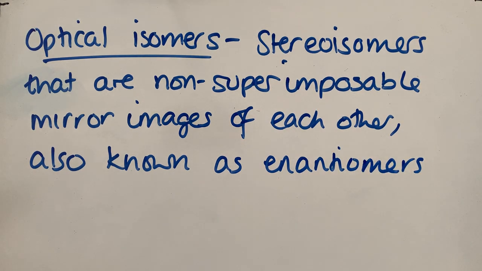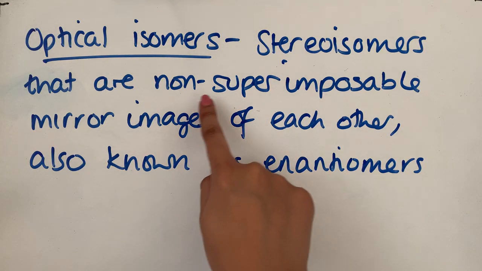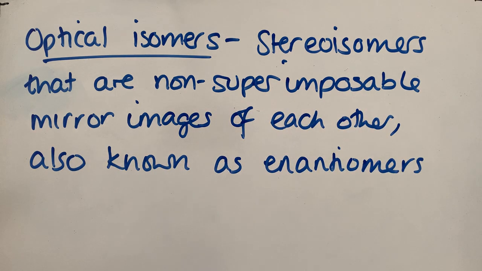So optical isomers, as we said, are a type of stereoisomerism, so they are stereoisomers. They can have the same structural formula, but they are non-superimposable mirror images of each other.